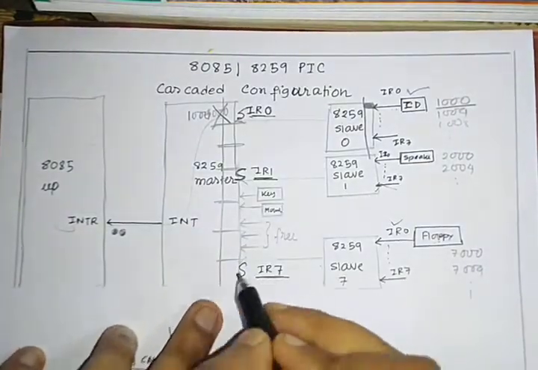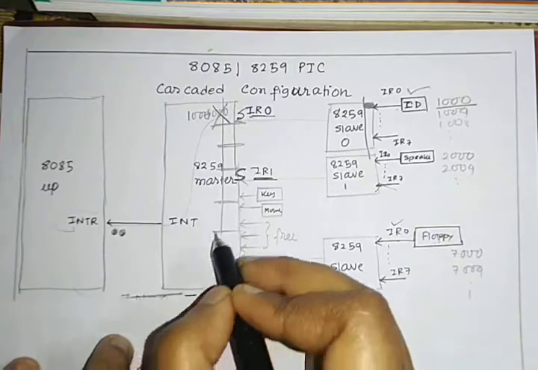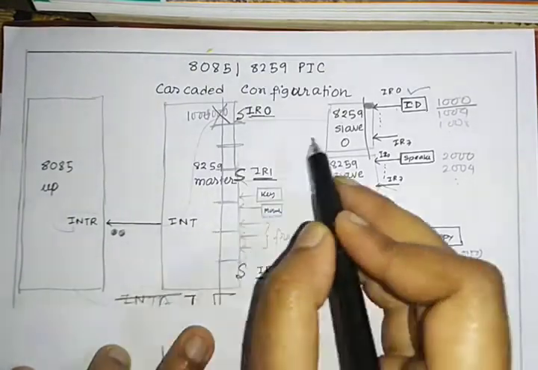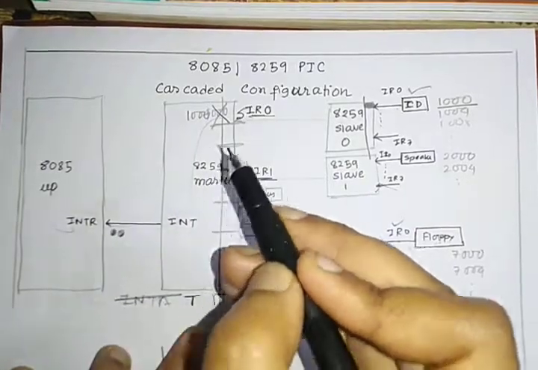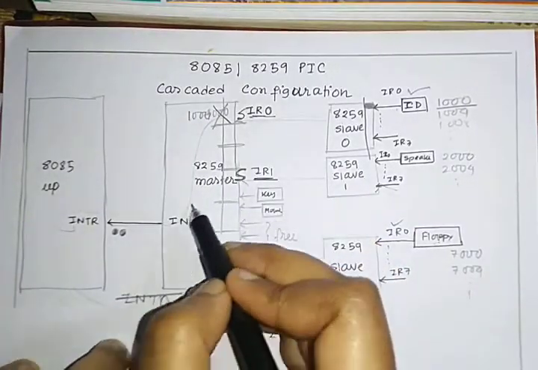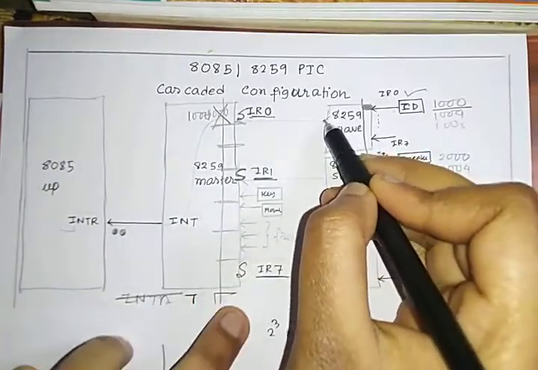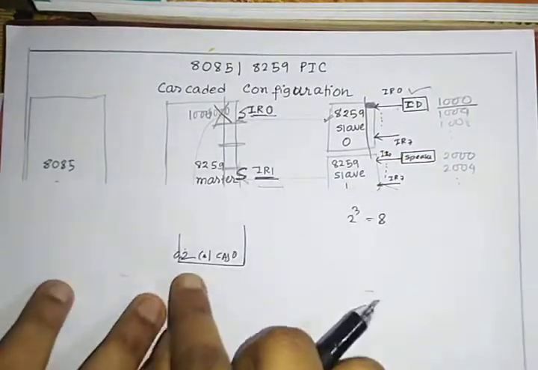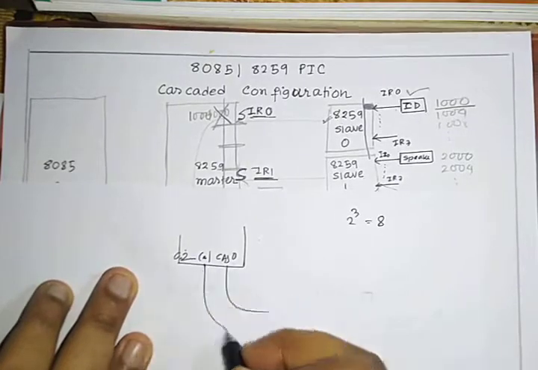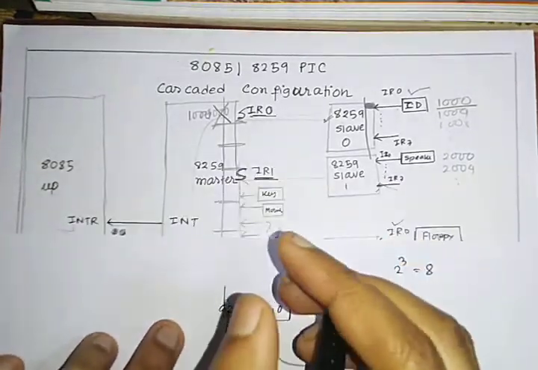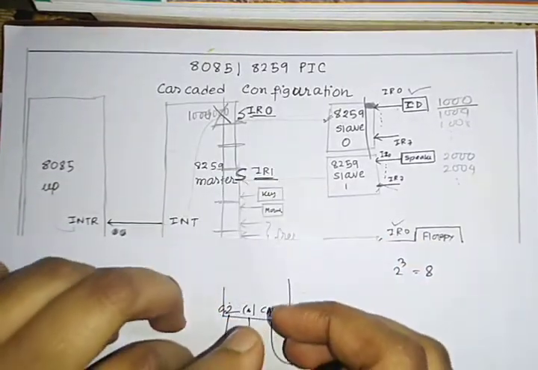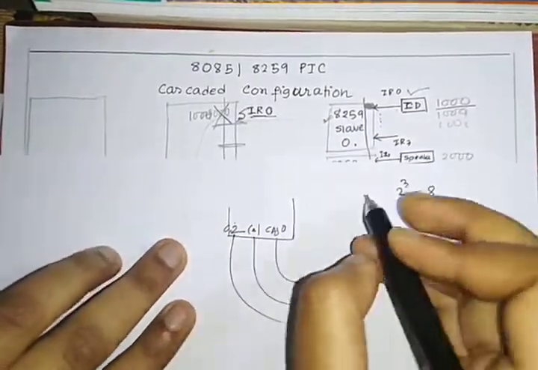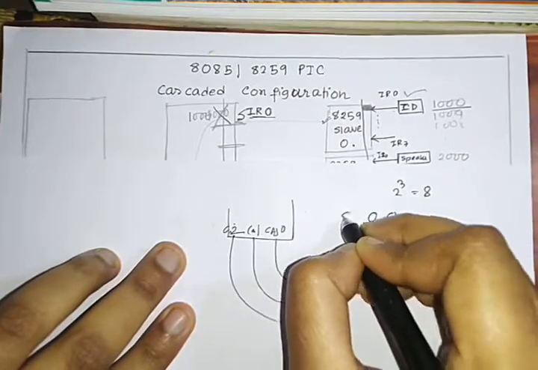So suppose the first INTA bar is being produced, and you understand that, and it will receive the opcode for the call instruction. Second, the master has to inform which slave it needs. So the master sends a signal through these 3 lines, or bus. In this case, which slave is selected? This one. What is its ID? 0. So what will be the combination? 0, 0, 0.